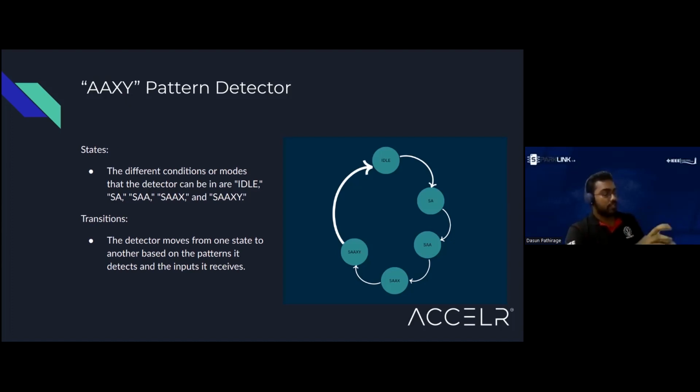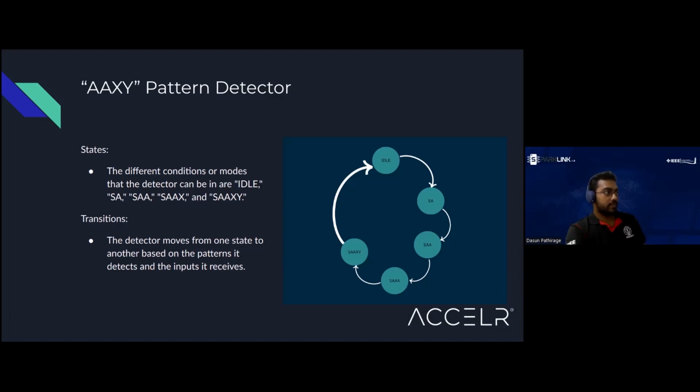If we receive A, A, then X and then Y, we say that the AAXY pattern is detected. Otherwise, the output is zero. If the pattern is detected, our hardware can, for example, light a bulb or show high on the output. Otherwise, it's zero.